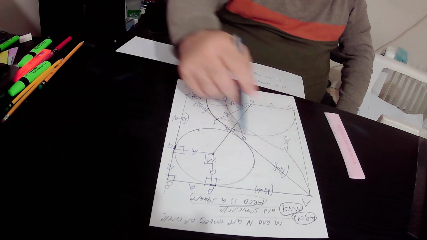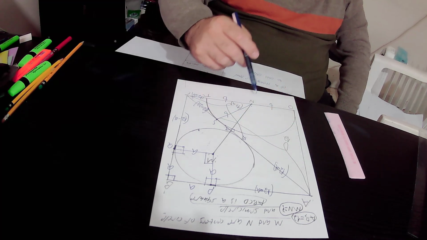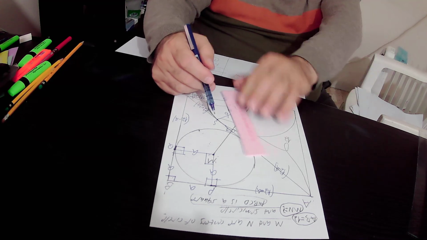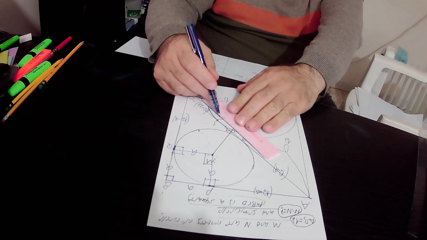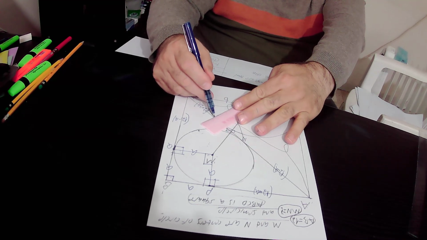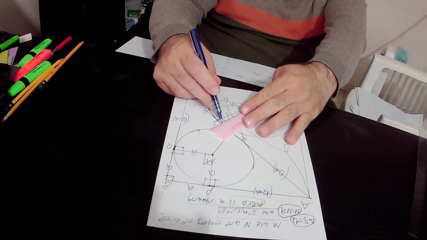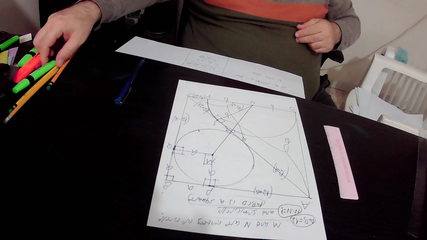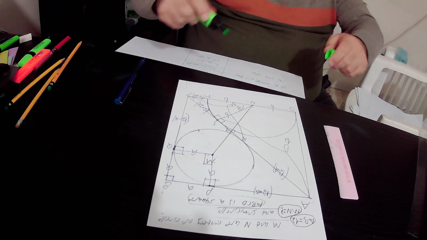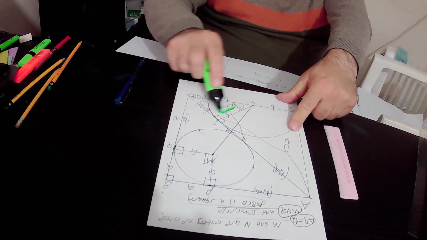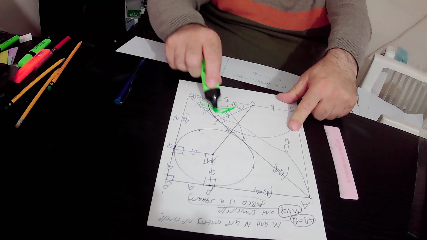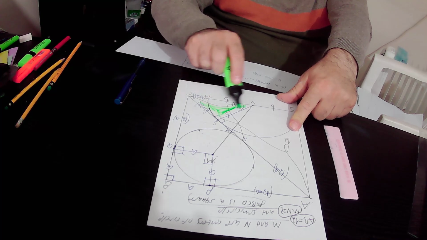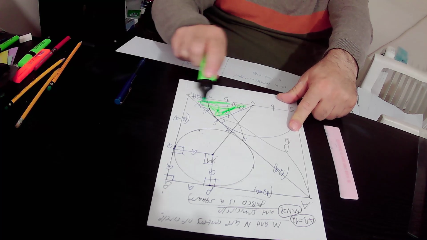Again, AC is perpendicular to SN, that is to say this angle equals 90 degrees, and this angle will also equal 90 degrees according to rule number 2. So actually, the green triangle NSC is a right triangle because angle NSC is equal to 90 degrees.